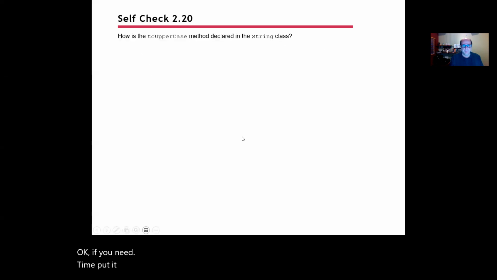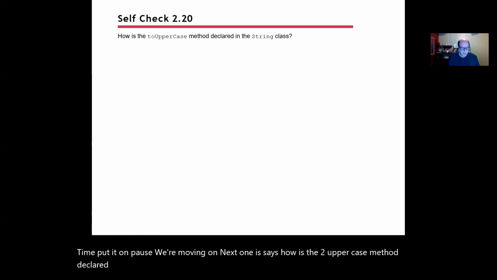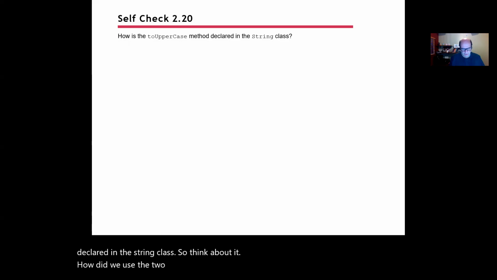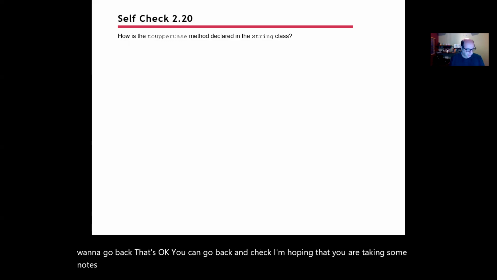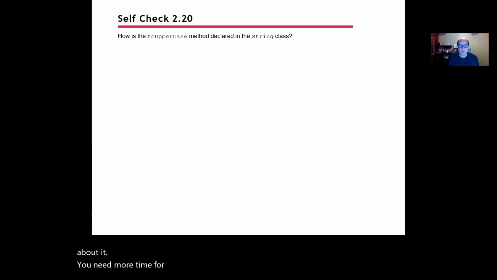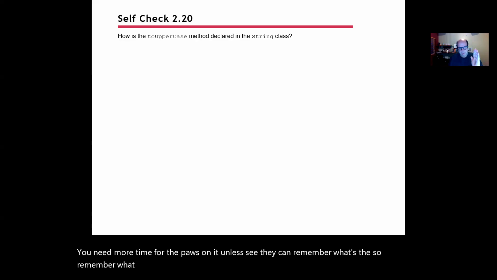We're moving on. Next one, it says, how is the toUpperCase method declared in the String class? So think about it. How did we use the toUpperCase? I know you might not remember it, but think about it. If you want to go back, that's okay. You can go back and check. I'm hoping that you are taking some notes as you are watching the lecture video. Let's put 1 minute on this one. You need more time, put a pause on it, and let's see if you can remember what the return type is on this.